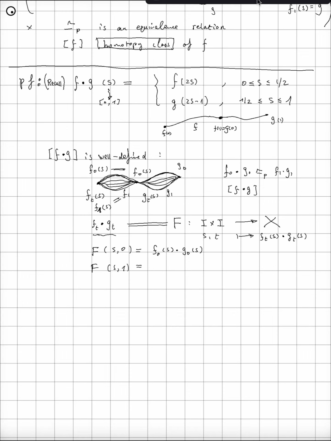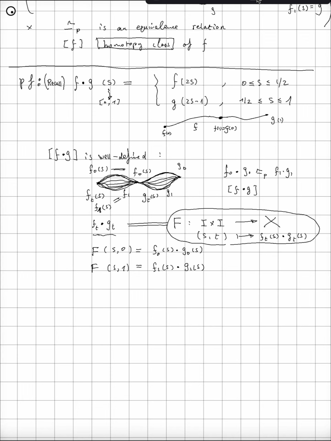F_s1 is F_1(s) concatenation with G_1(s), which is here. And this is a continuous map based on the fact that F_t and G_t give you a family of continuous maps. This is a continuous family.